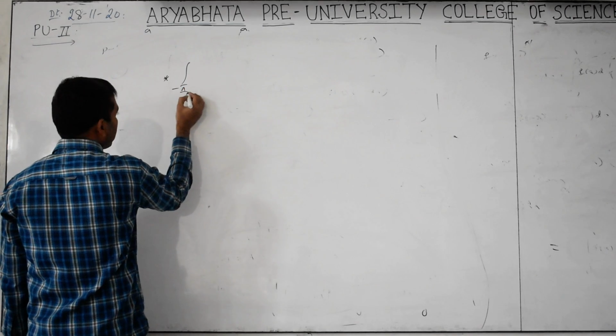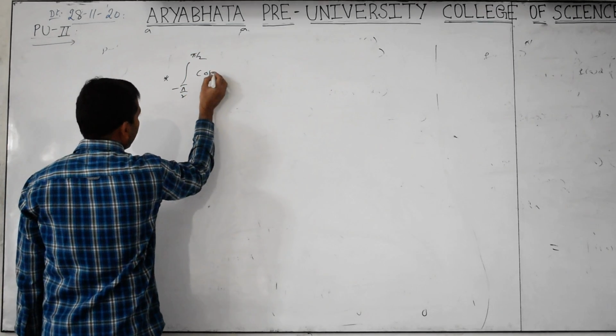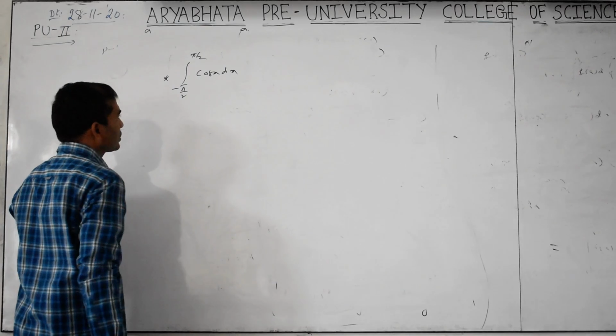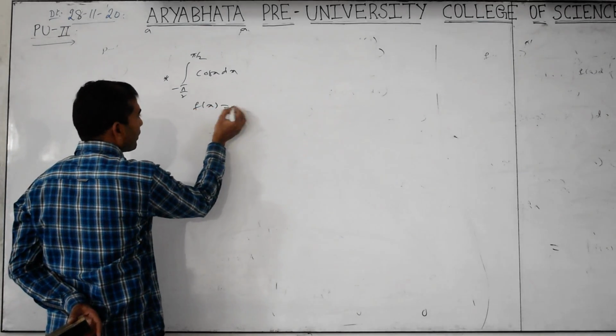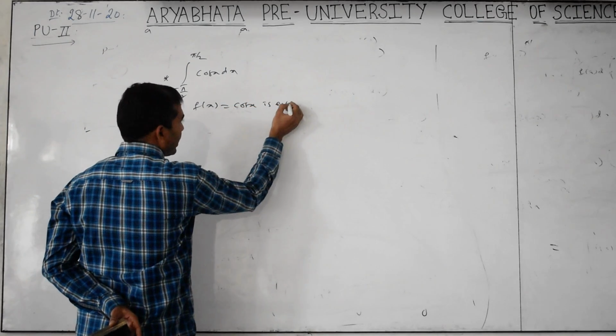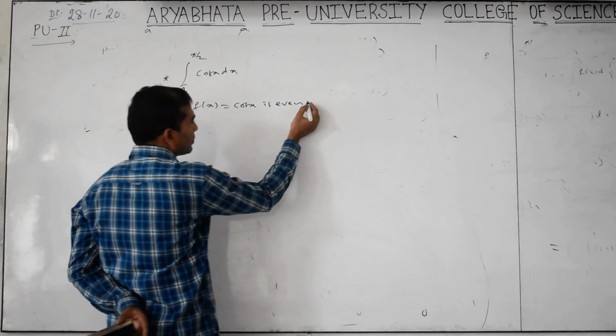Integration from minus pi by 2 to plus pi by 2 of cos x dx. Is this an even or odd function? f of x equal to cos x is an even function.